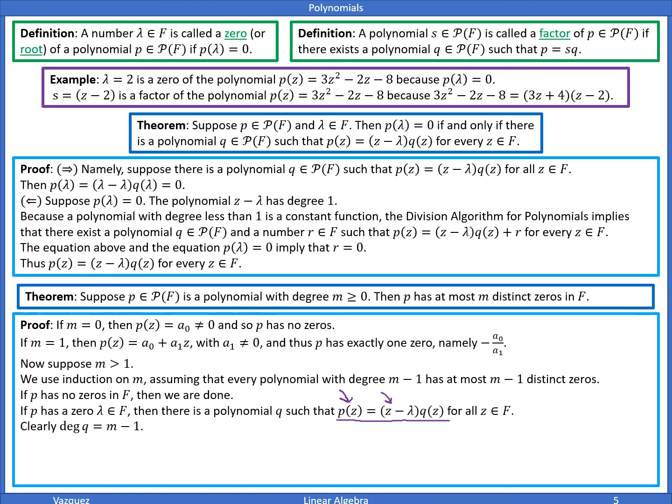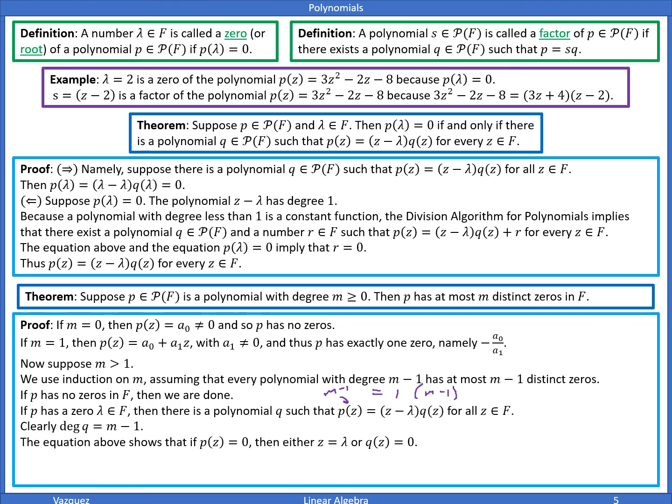And this here has degree 1. So m is equal to 1 plus what? Oh, okay, sorry about that. This has degree m minus 1. We're saying this is equal to 1, and then times what? Well, m minus 1.